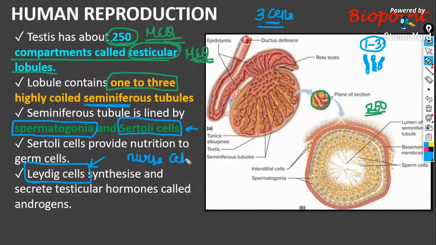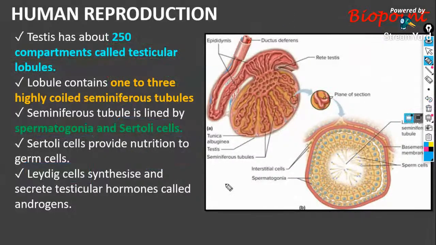So, the seminiferous tubule is lined by 3 different types of cell. First is spermatogonia, second is Sertoli cell, third is the Leydig cell. Let's discuss the function of each of these parts.